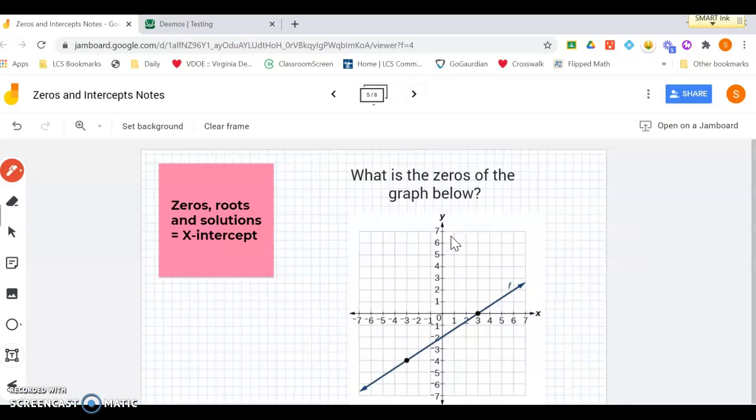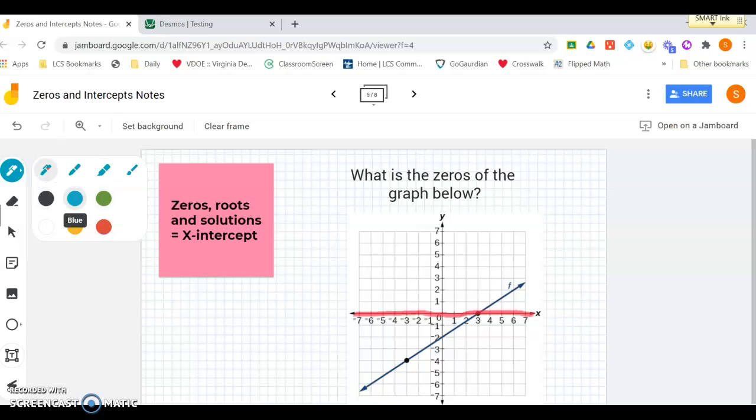So if we look at an example, it says, what is the zeros of the graph below? So zeros is the same thing as x-intercepts. So I'm looking for where does the graph cross the x-axis. So if I follow my x-axis, highlight right here the horizontal line.